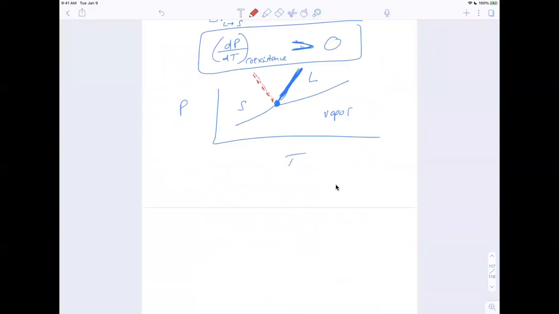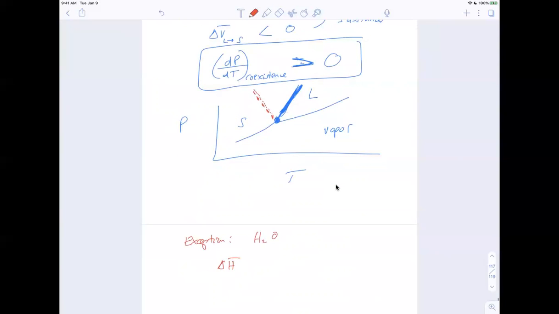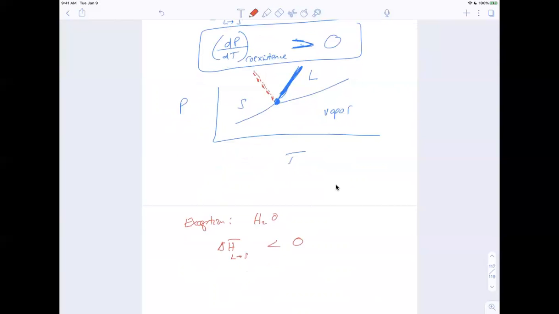But for water, delta H for solidification, where we're going from liquid to solid, is still going to be negative, because to go from the liquid to the solid we have to extract energy. So the molar enthalpy for this process is going to be negative.